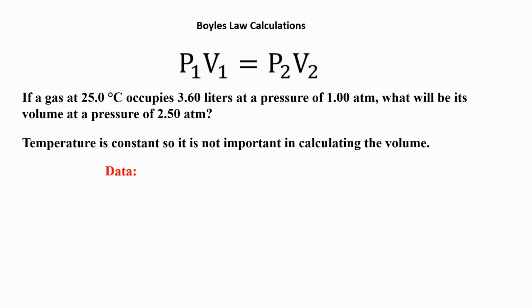So from the data we write, P1 is equal to 1 atm. V1 is equal to 3.60 liters. P2 is equal to 2.5 atm. And V2 is unknown.